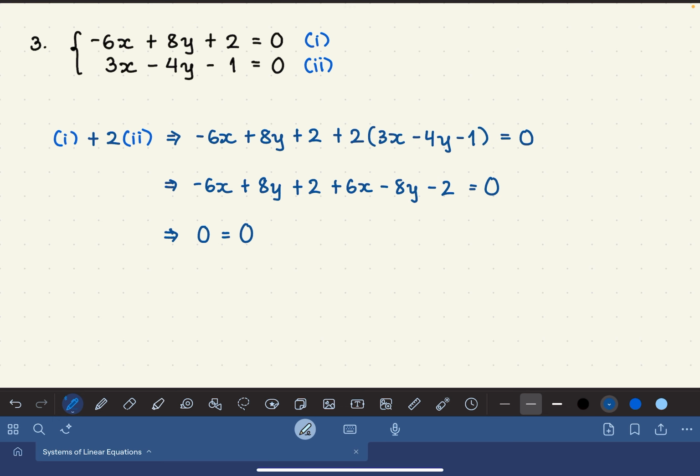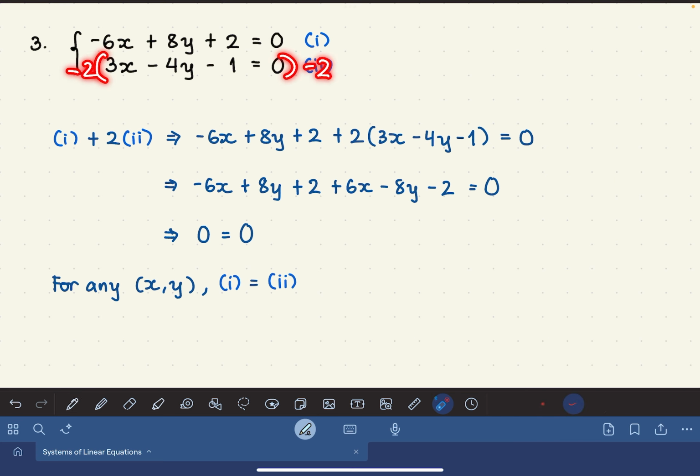So this is telling us that for any point (x, y) of this solution set, the first equation is actually just equal to the second equation. This is indeed true. Observe that if we multiply -2 to this second equation, we'll basically obtain the first equation. So these two are actually just the same equation.